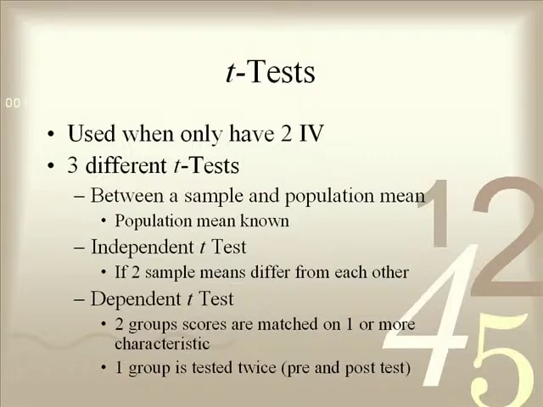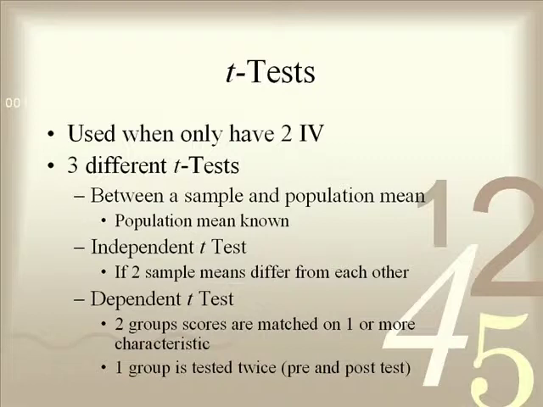We have 3 different T-tests. The first T-test is a T-test between a sample and a population mean. We use this T-test when we actually know the mean of a population. Now this T-test is not used a lot because we don't know the mean for most of our populations in this world.